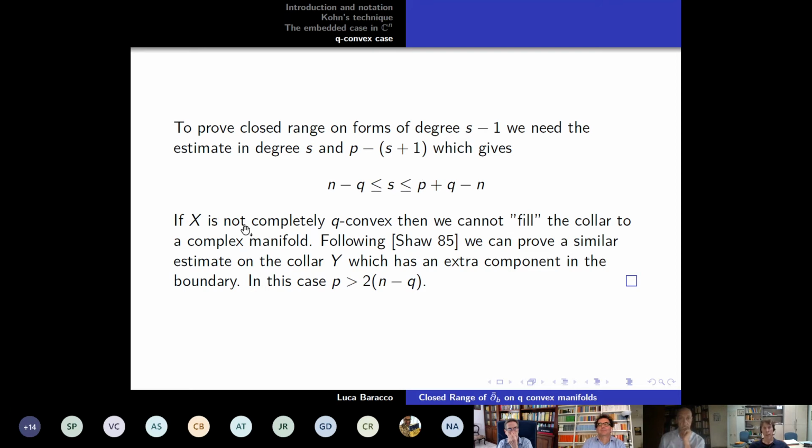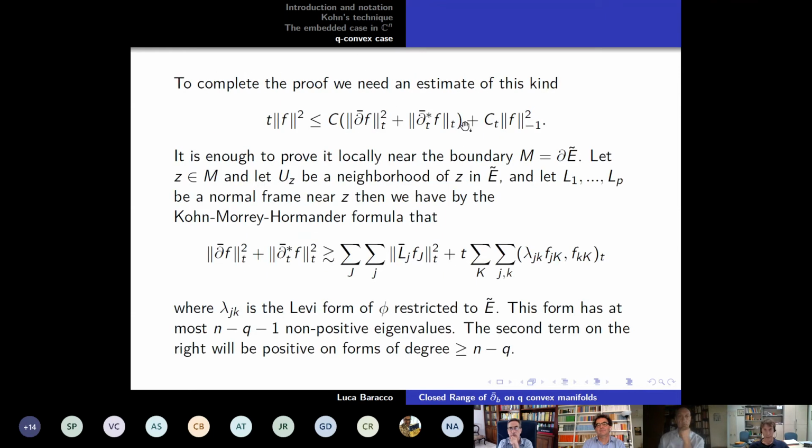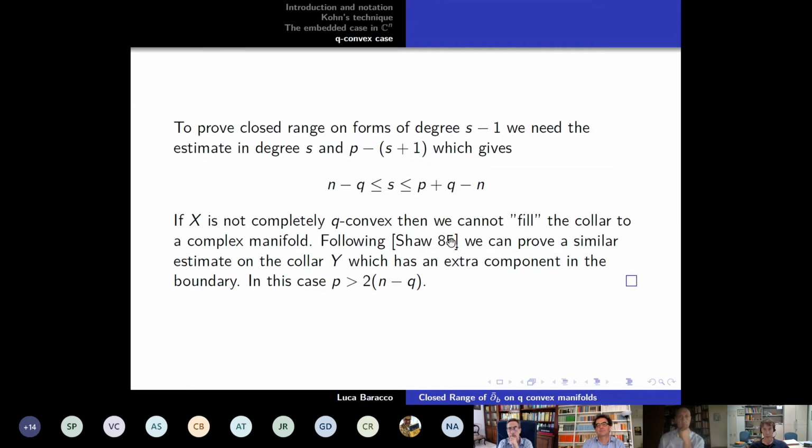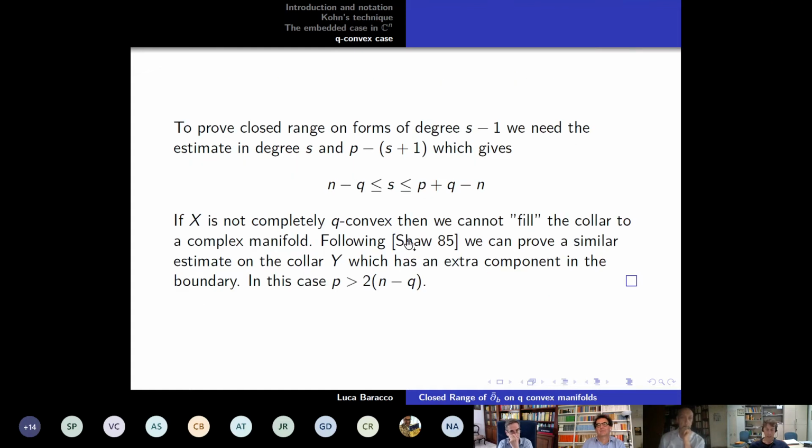q-convex. If X is not completely q-convex, then we cannot fill the hole of the collar, but still we can manage to have an estimate like this following the work of Shaw in 85. The main difference is that the boundary of Y has two components. One is M, which is pseudo-convex, and the other looks like the opposite.